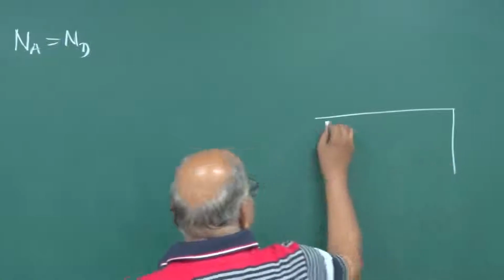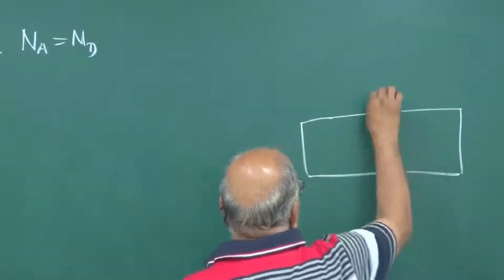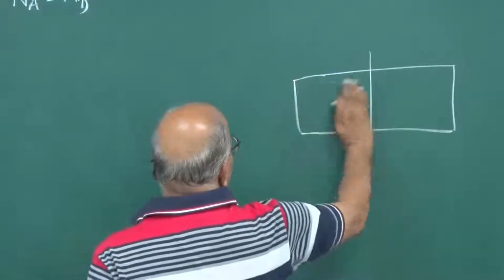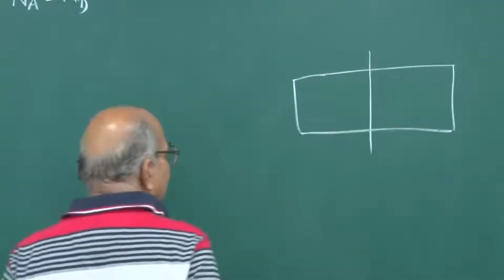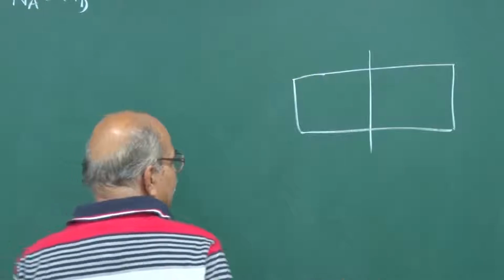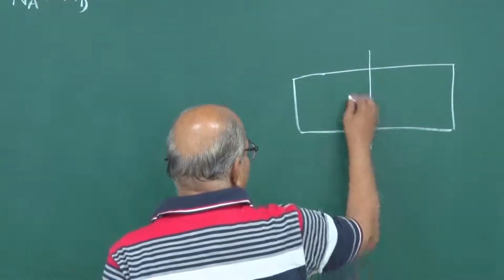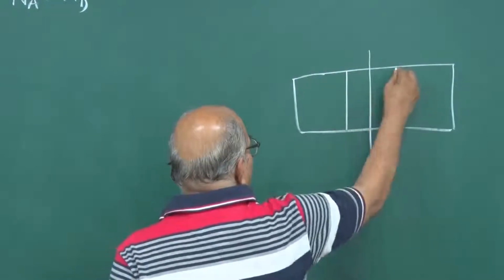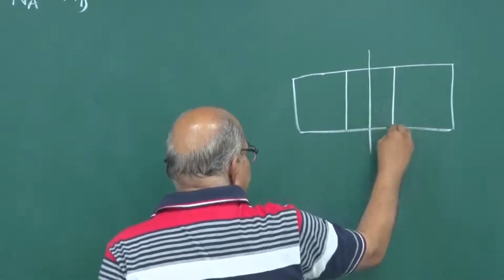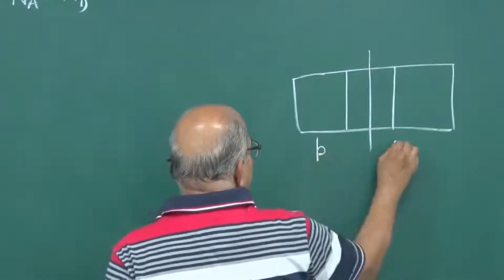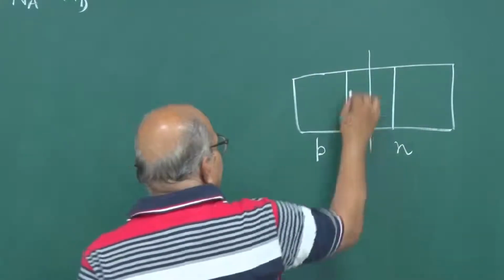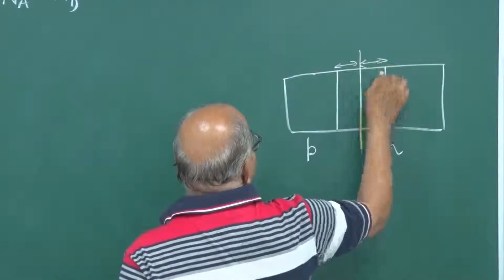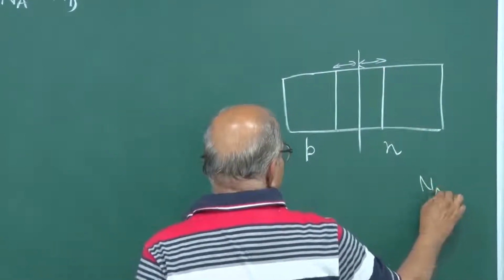If you denote your p-n junction like this, here is the junction, then from one side you have acceptor, on the other side you have donor, and since Na is equal to Nd, your depletion region will be of equal width on the two sides. If this is the p side and this is the n side, this part is the same as this part because Na is equal to Nd.